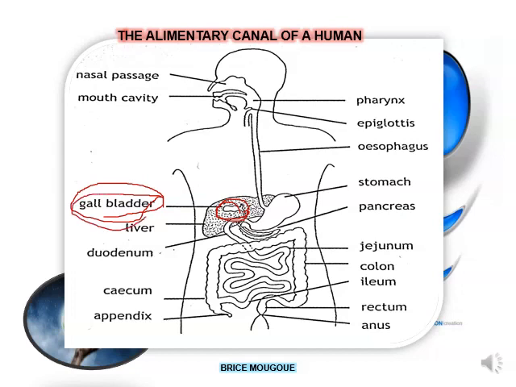So the gallbladder has a small duct, a kind of short tube here that comes and meets with another short tube that comes from the pancreas. They meet somewhere here.